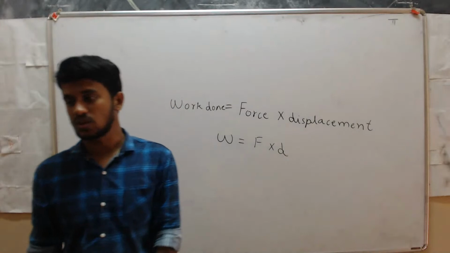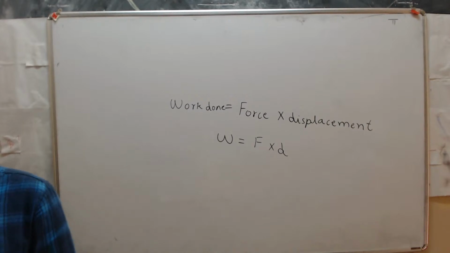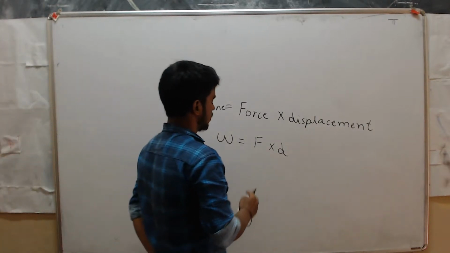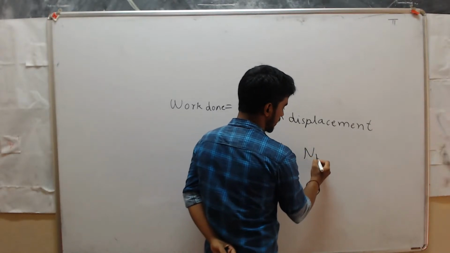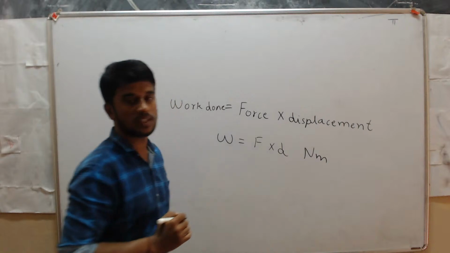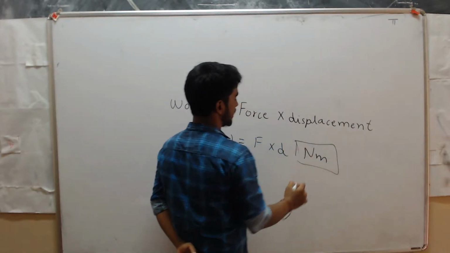Instead of Joule, we can use one more unit. Yes, that is Newton meter. We use Newton to measure the force, and we use meter to measure the displacement. So that is why the SI unit of work done is Newton meter.